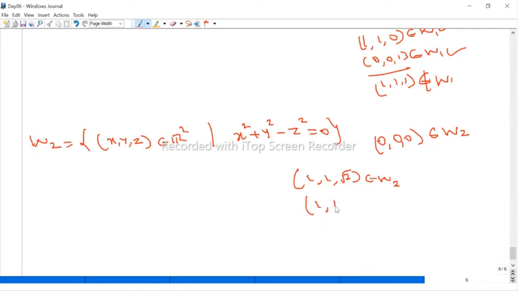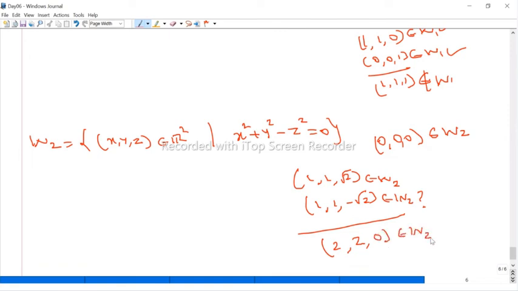Suppose I am taking (1, 1, minus root 2). Is this in the set W2? Because I am squaring z, it's always there. Now what is the sum of these two vectors? Term by term: 1 plus 1 is 2, 1 plus 1 is 2, and root 2 plus minus root 2 is 0.